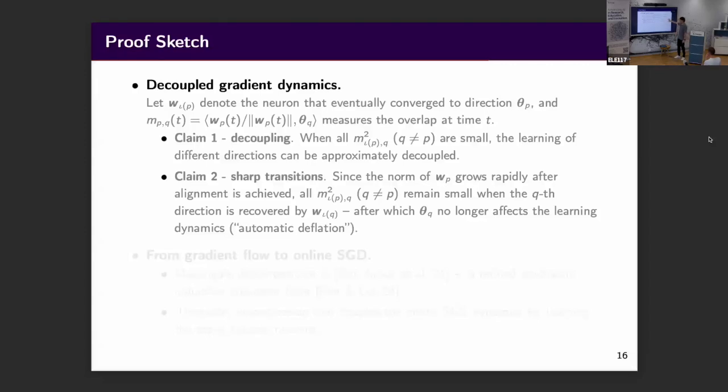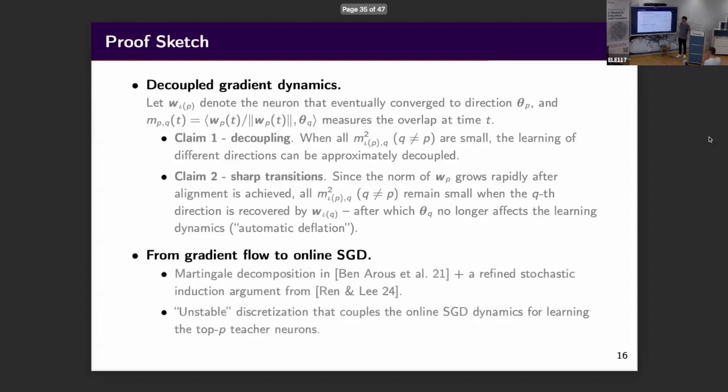And after that, this component of the target function is basically deleted from the loss, and then it does not affect the dynamics anymore. I think this is analogous to the deflation mechanism in tensor completion. After you learn a component, you throw it away in the loss. And gradient descent is automatically doing this because of this 2-homogeneous parameterization. And then from gradient flow to online SGD, it's a standard martingale analysis.